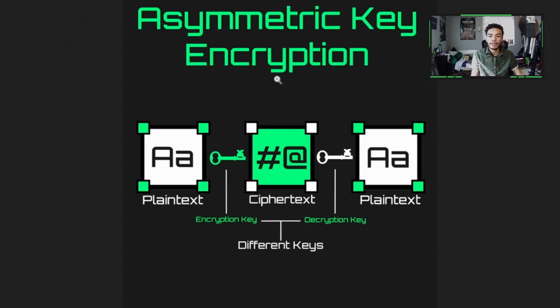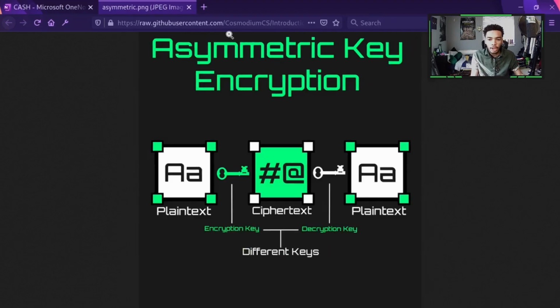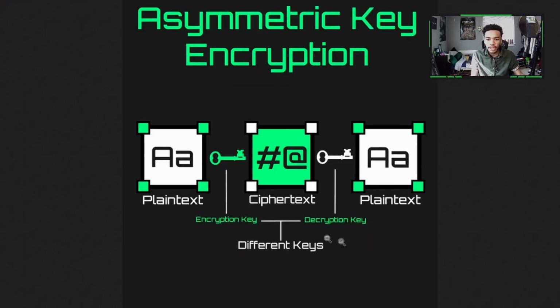So in asymmetric encryption, this looks pretty similar to how symmetric encryption worked, right? But the most notable difference is the different keys. In symmetric encryption, it took plain text, then took an encryption key, and used that key to encrypt it and make it ciphertext. And it would use the same key that it used to encrypt to decrypt and bring it back into plain text.